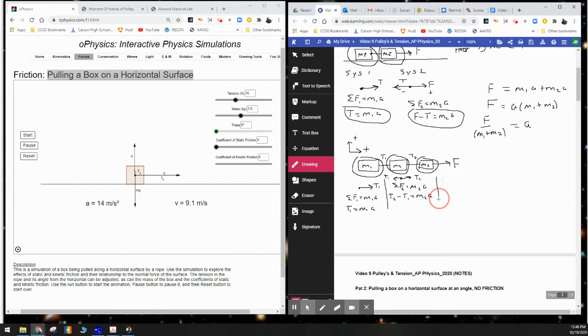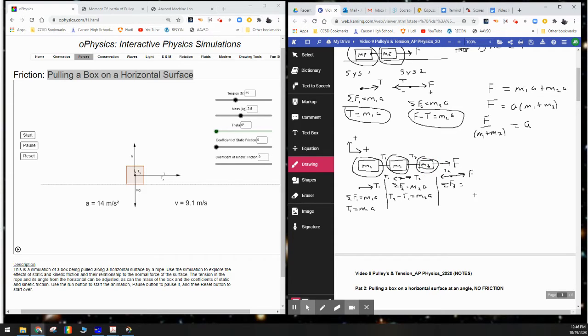Now let's go to the third system here and do a free body diagram. Looks like we have an F going here, and I have a T2 going in that direction there. So we'll do our sum of the forces on system 3. Oh no, this should be mass 3.